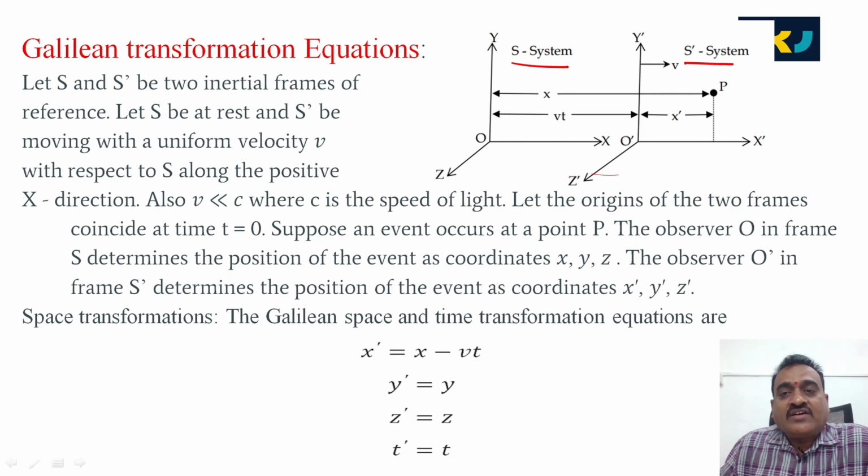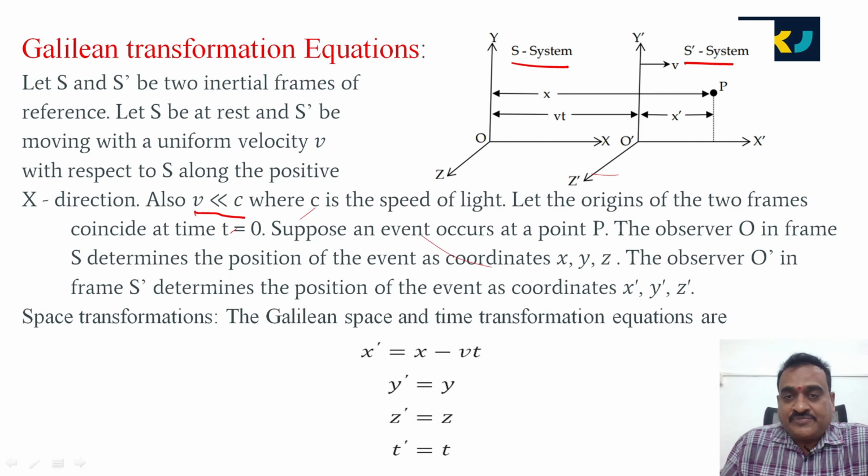The velocity v of the S dash system is less than the speed of light, that is v is less than c. Let the origins of the two frames coincide: this is the S frame origin, and this is the S dash frame origin O dash.